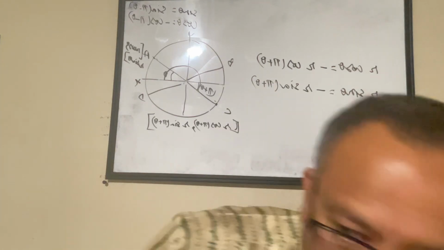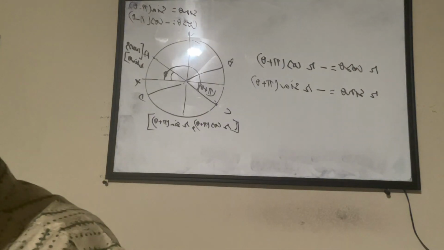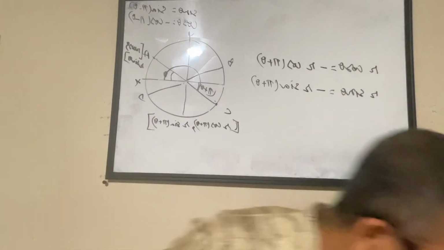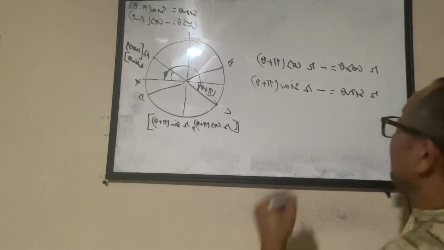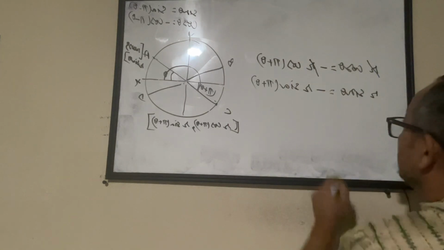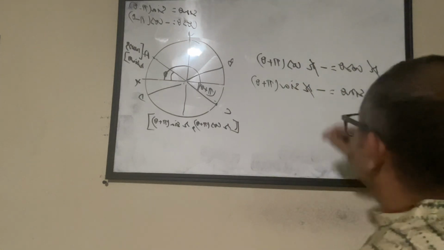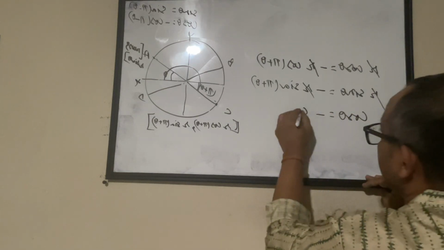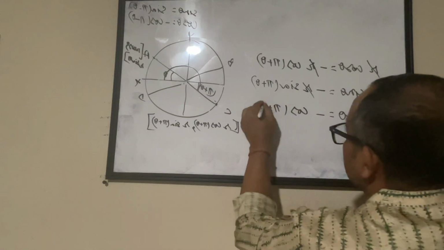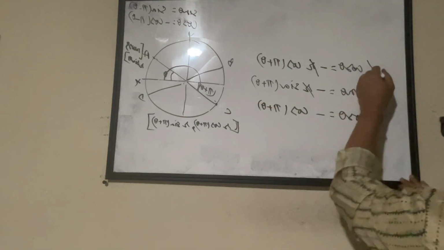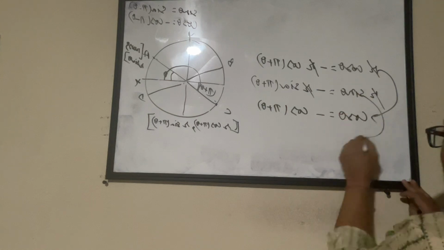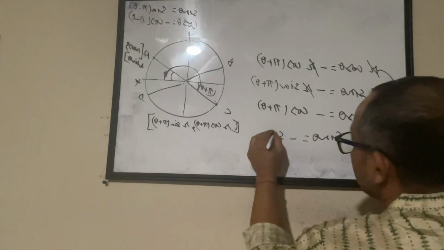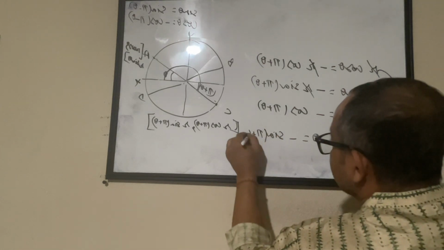So, this one tic-tac-toe, this one tic-tac-toe. What is the finding from this? Cos of theta is equal to minus of cos pi plus theta from the first one. And from this one you see that sine of theta is equal to minus sine of pi plus theta.